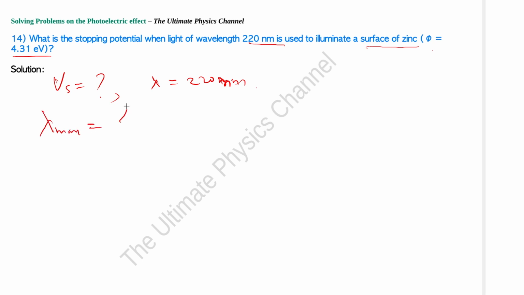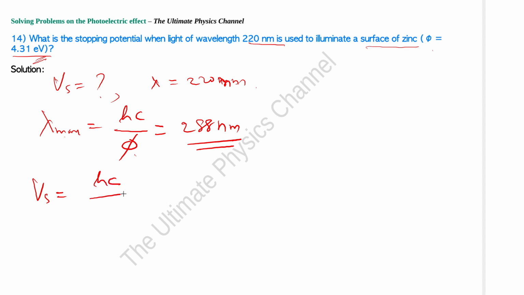Lambda max is equal to hc over phi. Phi should be converted to joule units from eV so that lambda max can be obtained in meters or nanometers as the case may be. So 288 nanometers, if you work out the numbers, is what you would get. And then the stopping potential Vs is hc over e times this.